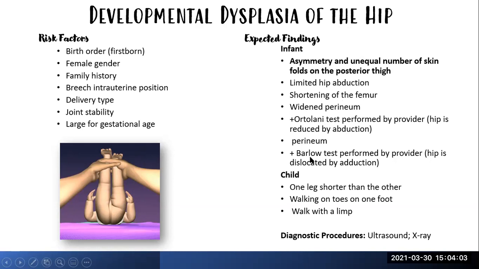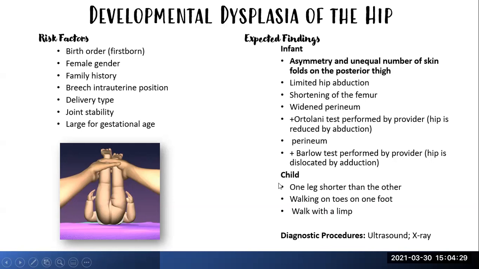Ortolani and Barlow tests are performed by the doctor, the pediatrician, and basically they bend the knees up and out, and they can feel the hip sliding back in and out of place. That is performed by the doctor, but they're called Ortolani and Barlow.